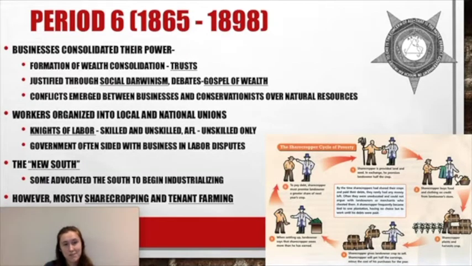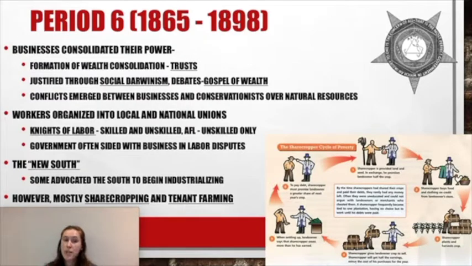So while you have these people justifying themselves, you also have other debates, such as the Gospel of Wealth, that really spoke out against social Darwinism. Now, the Gospel of Wealth, you guys can think of Carnegie with this. What we're really going to see is this argument being perpetuated that, wait a minute, the very wealthy should actually be taking care of the less fortunate.